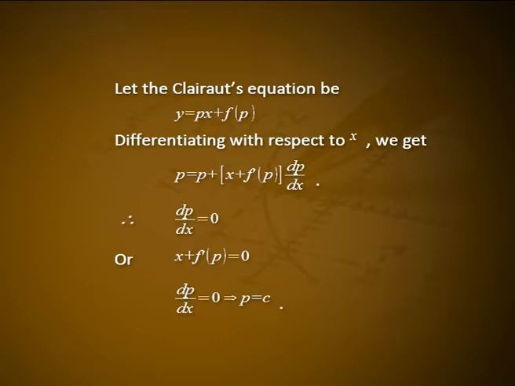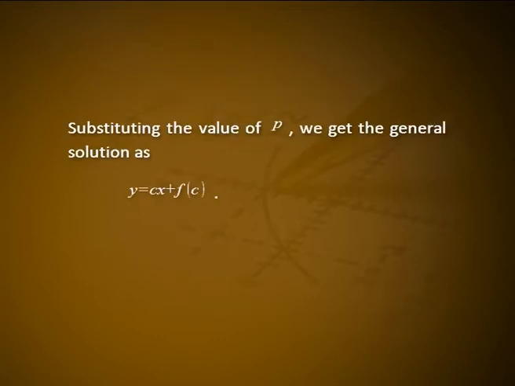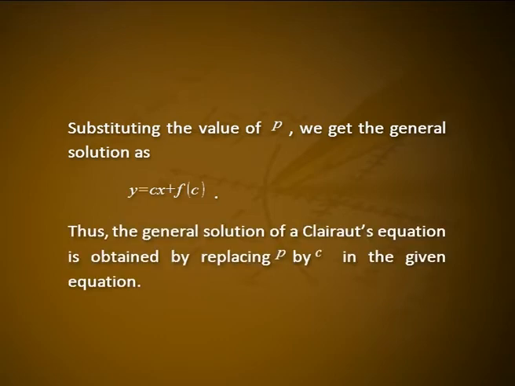That is, dp/dx = 0 or x + f'(p) = 0. dp/dx = 0 implies p = c. Substituting the value of p, we get the general solution as y = cx + f(c). Thus, the general solution of a Clairaut's equation is obtained by replacing p by c in the given equation.